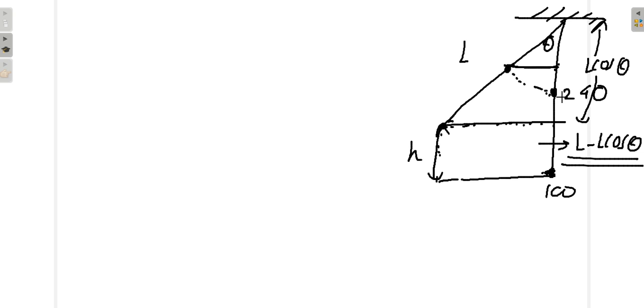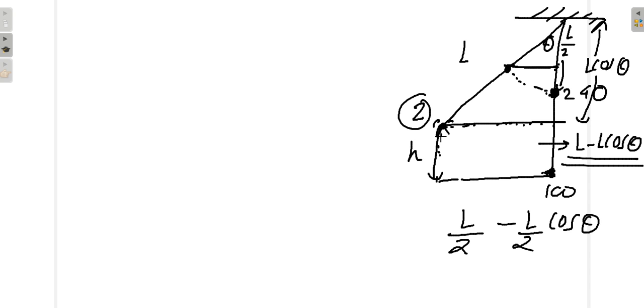As this particular length for the center of mass is L by 2, if we apply the same funda, the height through which the 240 gram will rise will be L by 2 minus L by 2 cos theta.